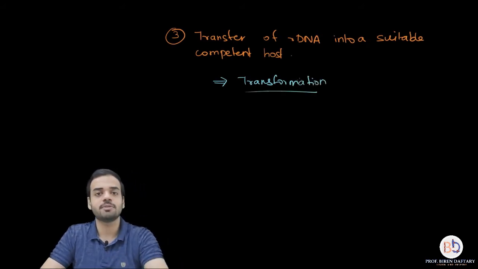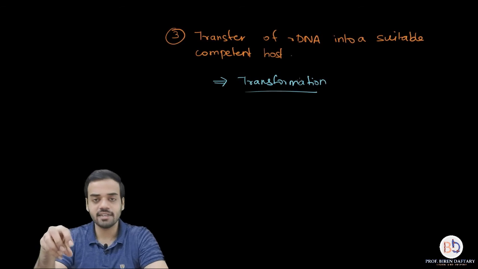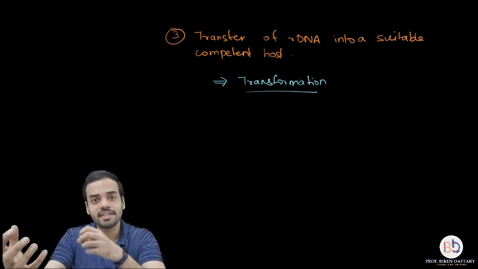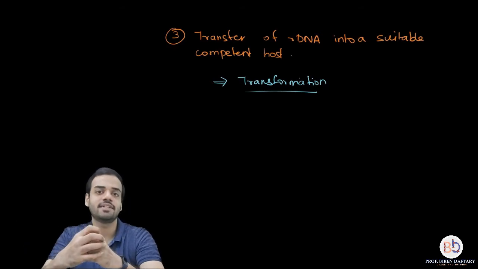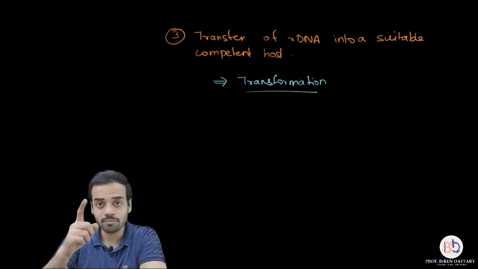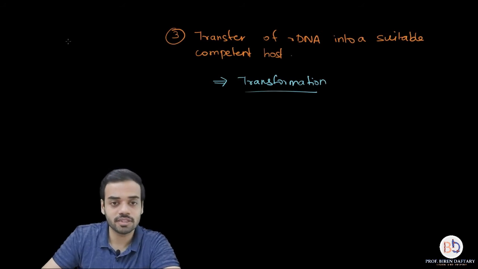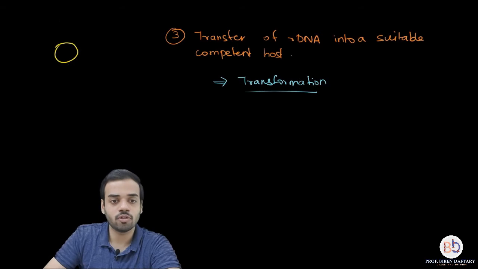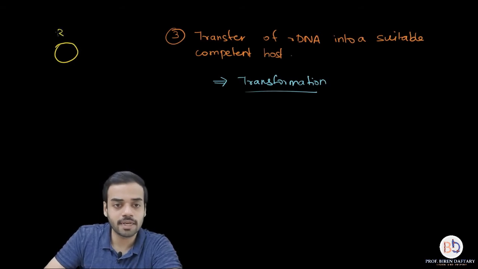So Griffith's experiment showed that bacteria, when they are surrounded with unknown DNA, then that bacteria tends to absorb that DNA inside it. For example, if you remember that experiment, suppose this was R strain bacteria of Diplococcus pneumoniae, right?